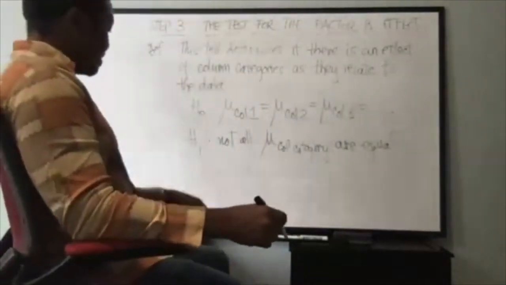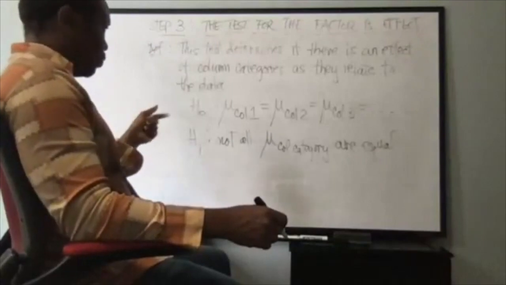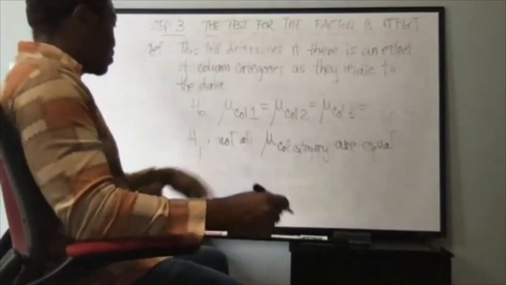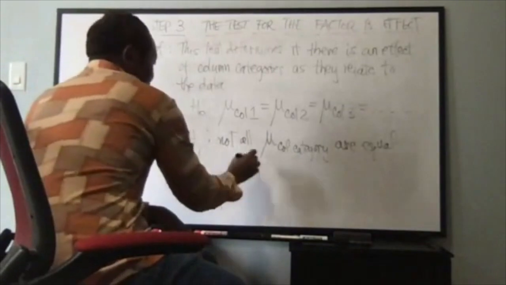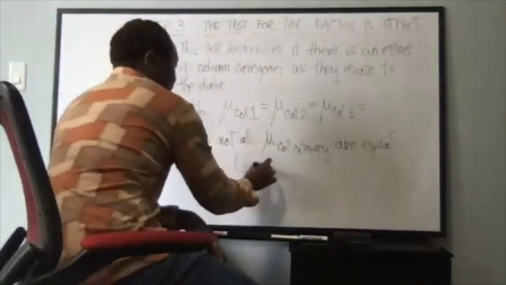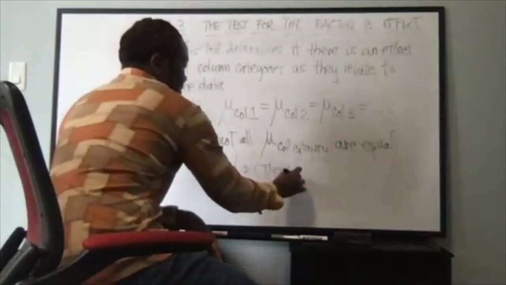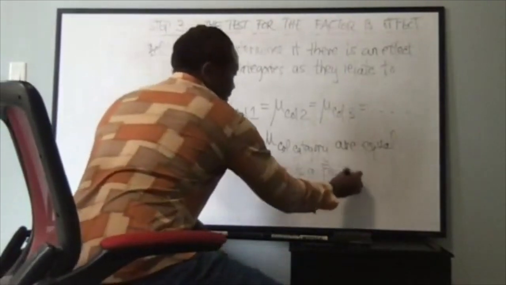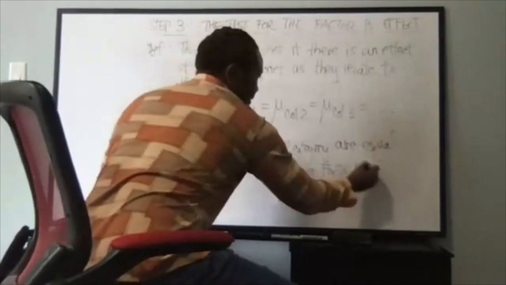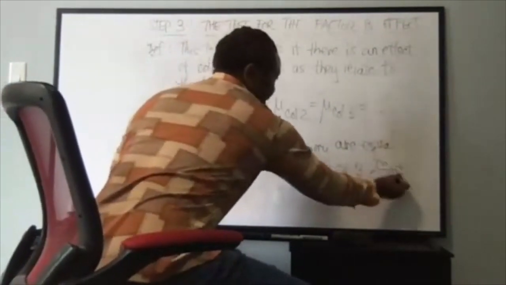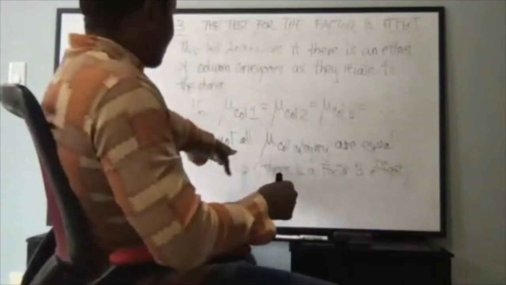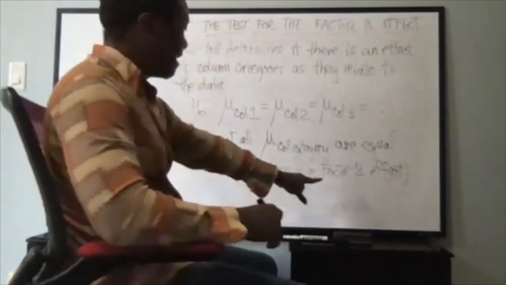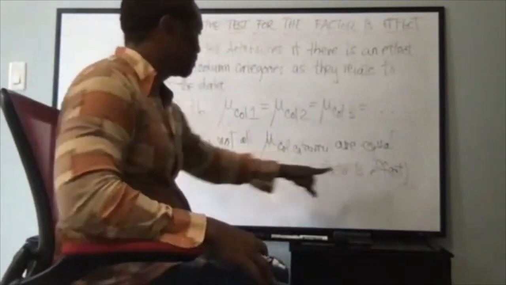So now, just like we said before with factor A, we can restate it in terms of H1. I can also restate H1 this way. There is a factor B effect. Okay, so this says right here, there is a factor B effect.